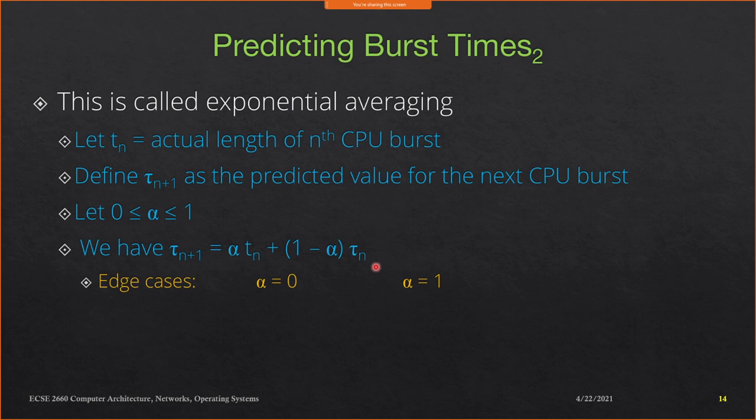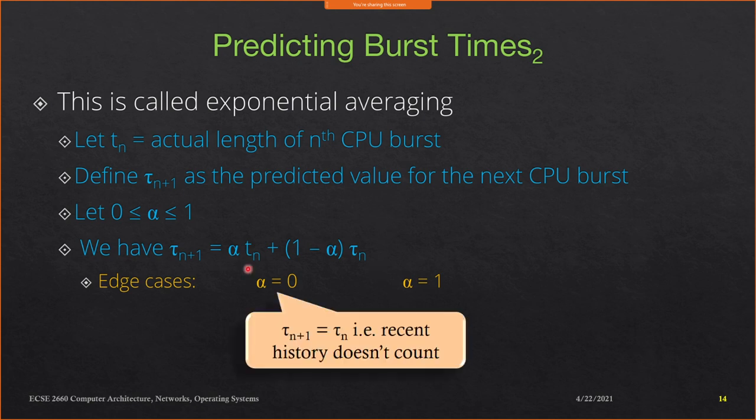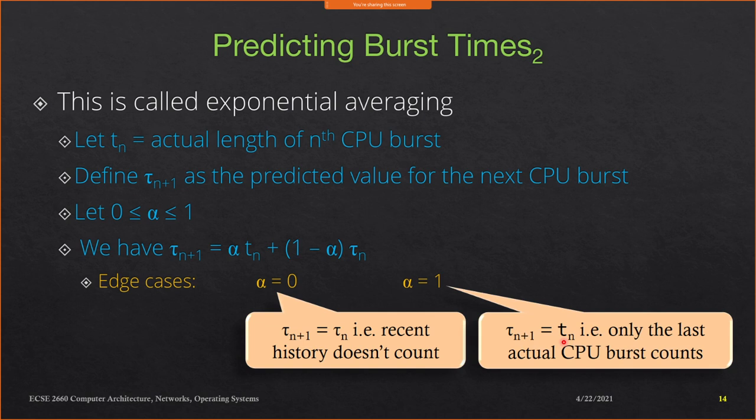So tau n plus 1 will equal t n. If alpha is 0, that means that the recent history doesn't count in that case. And if alpha equals 1, then our predicted value tau n plus 1 will be solely based on what was measured in the last step. Only the last thing counts in that case.